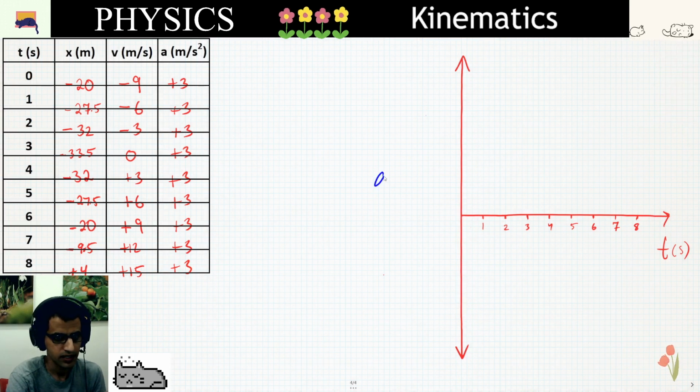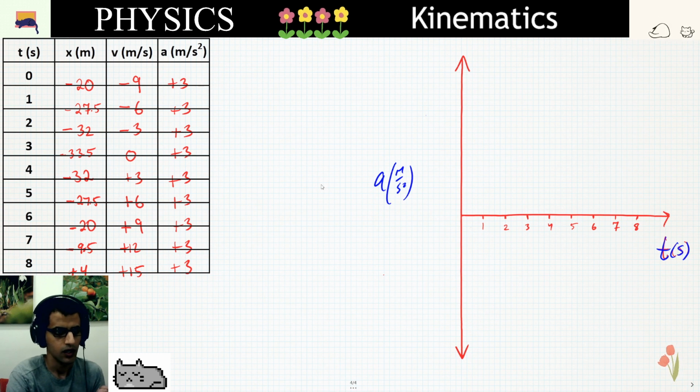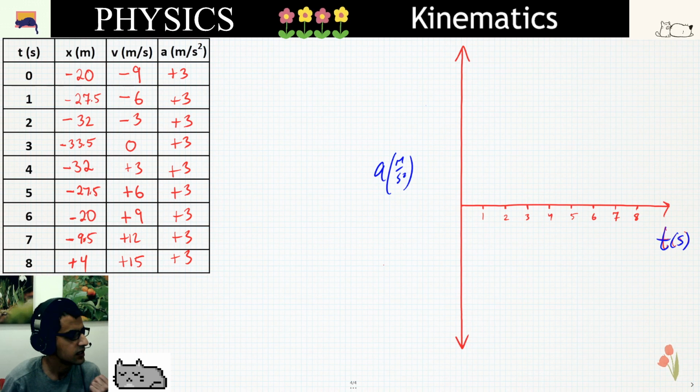So I'm going to label this as acceleration measured in meters per second squared. I already have time labeled here on the x-axis. Okay, so because our acceleration is constant, this is going to be simple to sketch. You have to scale your axes for each question that you answer.